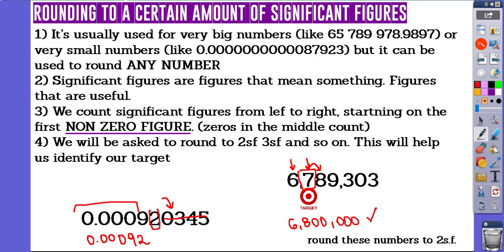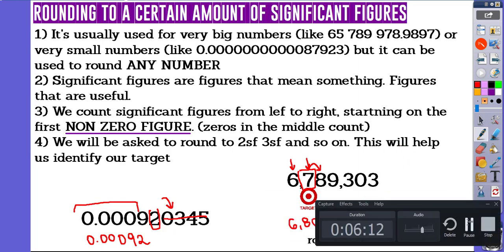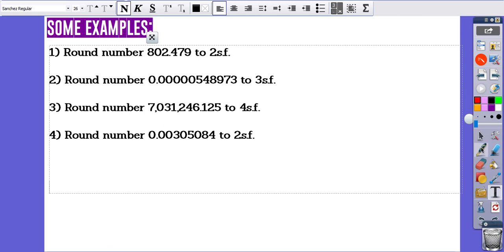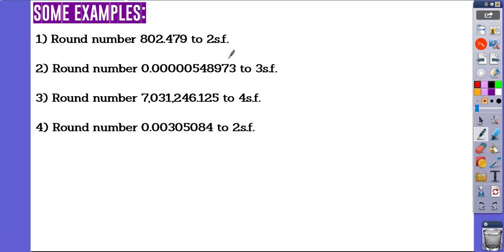Let's see some more examples. Let's say you have to round the number 802.479 to two significant figures. So the first significant figure is number 8, and the second significant figure is the 0 over here.